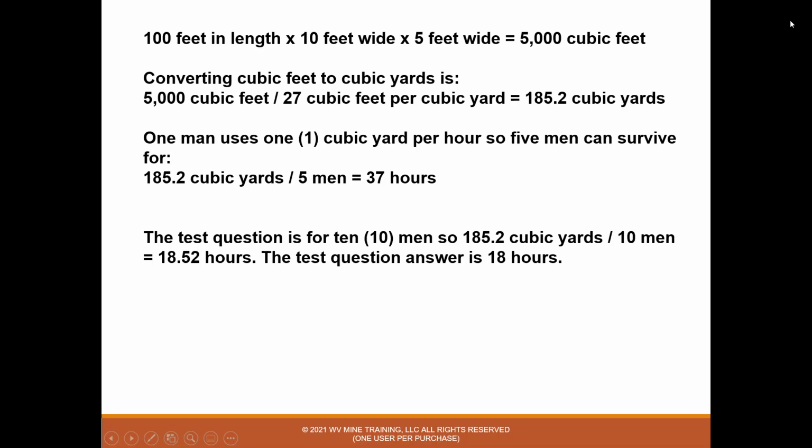One man uses 1 cubic yard per hour, so 5 men could survive, and that's 185.2 cubic yards divided by 5 men, which is equal to 37 hours. Okay, the test question is for 10 men, so 185.2 cubic yards divided by 10 men is equal to 18.52 hours. And the test answer is 18 hours.